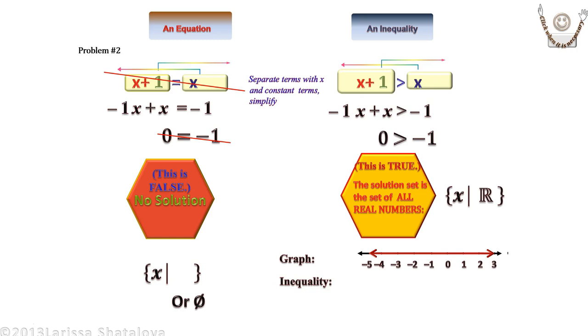Inequality: x is greater than negative infinity and less than positive infinity. Set builder: we have to copy the inequality. And then interval: you have to show negative infinity, positive infinity, and parentheses around.